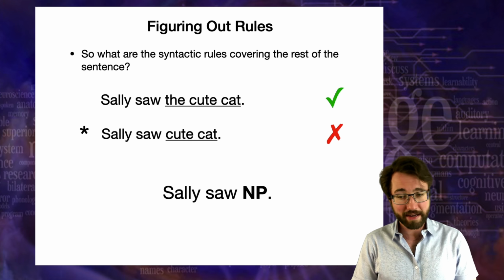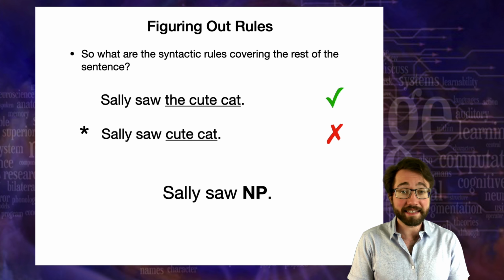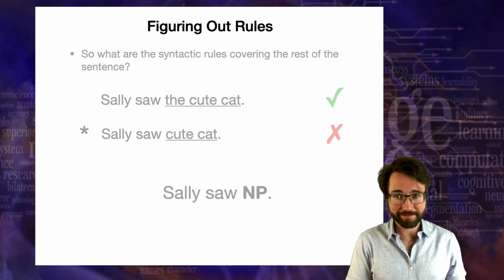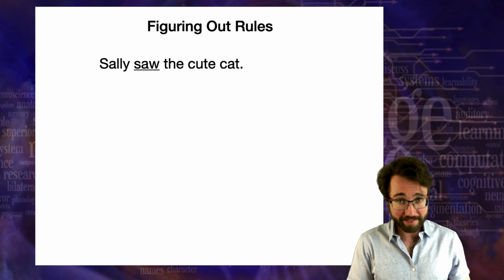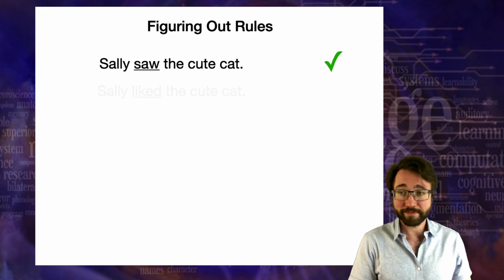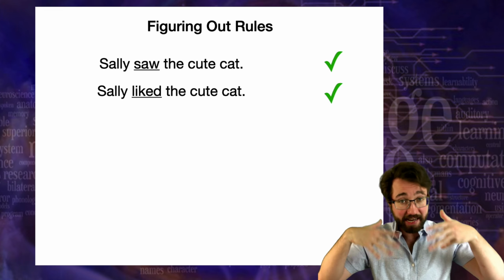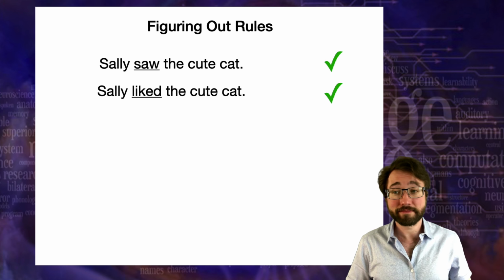Now, let's try to figure out the structure for the rest of the sentence. To do that, we're going to have to take on the verb. What is going on with the verb saw? What would be the syntactic rules which cover the verb saw? So we can say Sally saw the cute cat. That's grammatical. We can say Sally liked the cute cat. That's also grammatical, so that's showing us that there's a syntactic category here which includes both saw and liked.